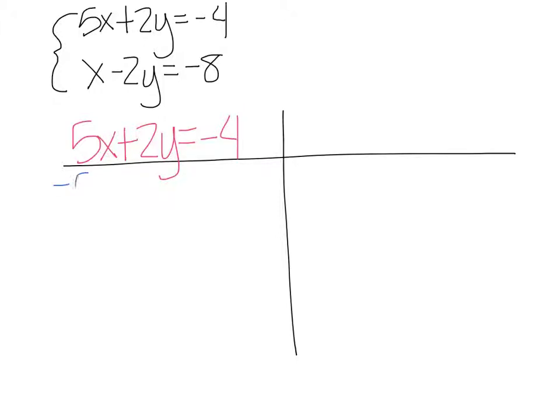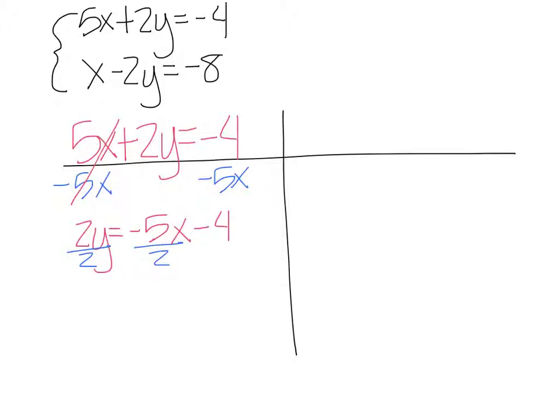I'll subtract 5x from both sides, leaving us 2y equals a negative 5x minus 4. Then we'll divide every term by the coefficient so that we can get y by itself. We have y equals a negative 5/2 x minus 2.